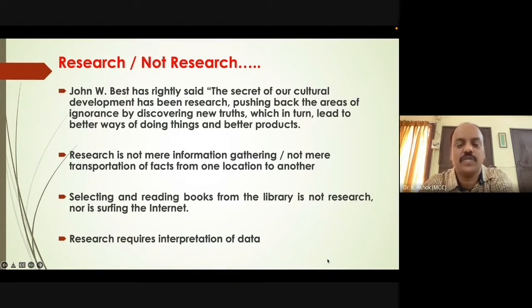In science, when you talk about science research, they always say that my research is based on some theory. But when it comes to historical research, most of the time, we are in a descriptive fashion. Now time has come for a shift from the descriptive pattern to an analytical pattern. Present-day research requires interpretation of data in an analytical way.